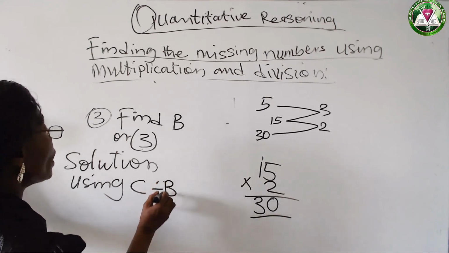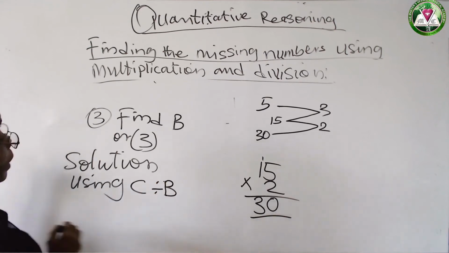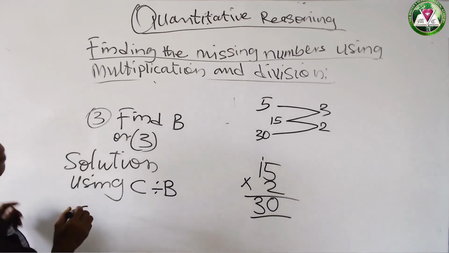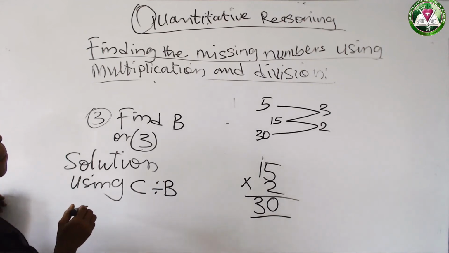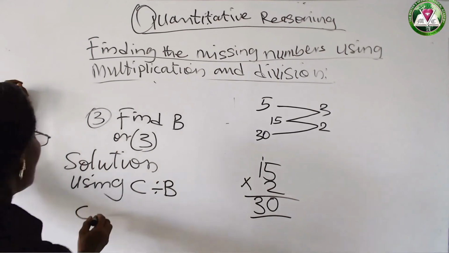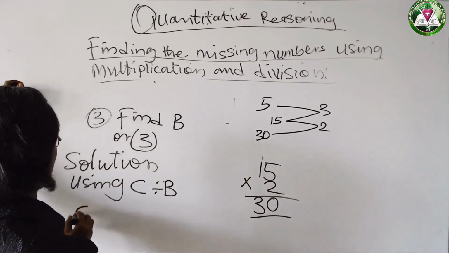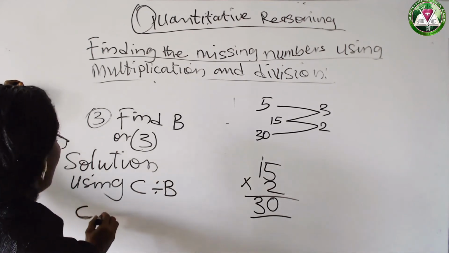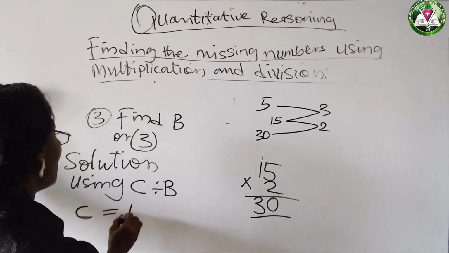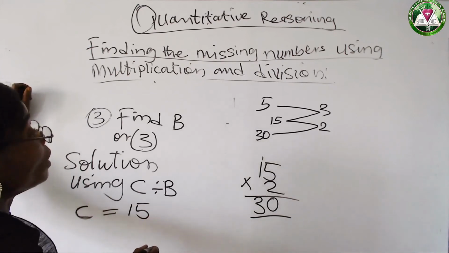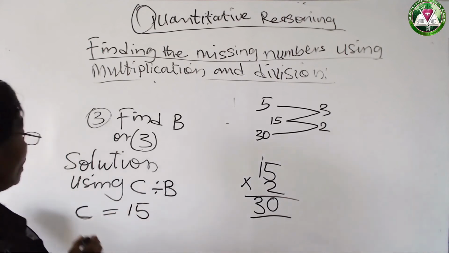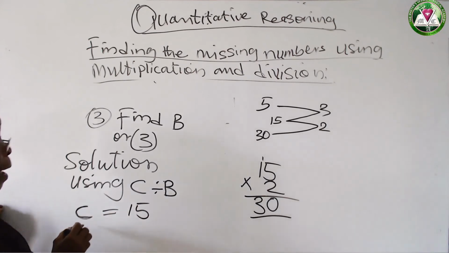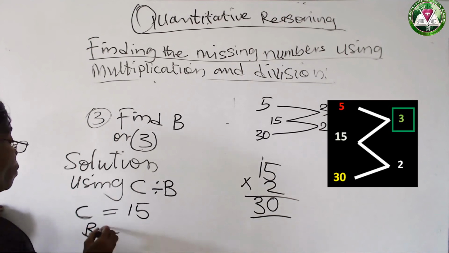This is B, and not 3. What is the value of C? The value of C is 15. And what's the value of B? The value of B is 3. B equals to 3.